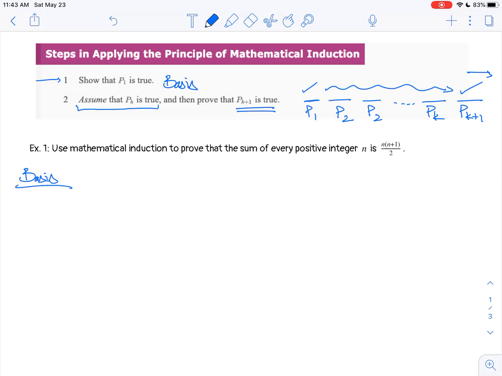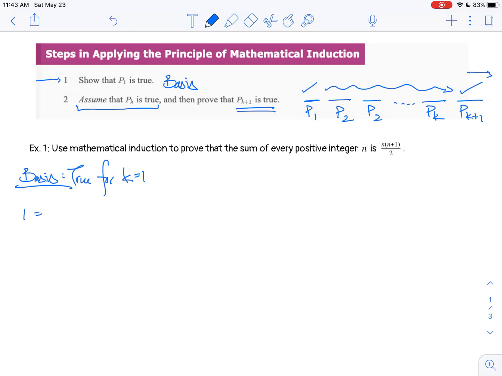When you do proof by mathematical induction, you need to start with this basis step. We're going to show that this is true for k equals 1, or the first term. That means the first positive integer is 1.